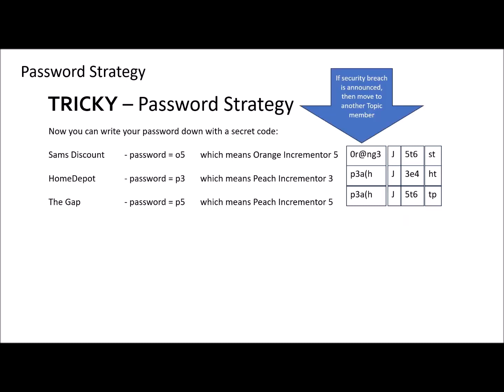Then, if you ever hear there's a security breach somewhere, you get a notification that your password at some location was breached, then maybe you want to roll over to a new topic member. So Sam's Discount could become peach, and Home Depot could become orange, and whatever else we had, banana. And you have a whole new password regimen there.